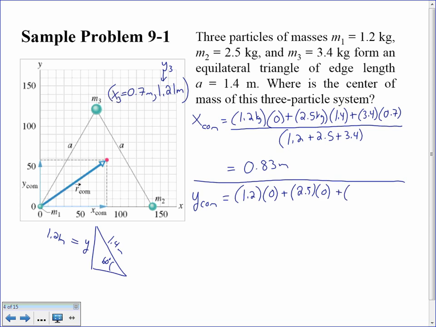And mass 3 is 3.4 kilograms, and it's at a height of 1.21 meters. Again, I'm going to divide by the total mass of 7.1 kilograms. And if you multiply this out, you get a height of 0.58 meters.